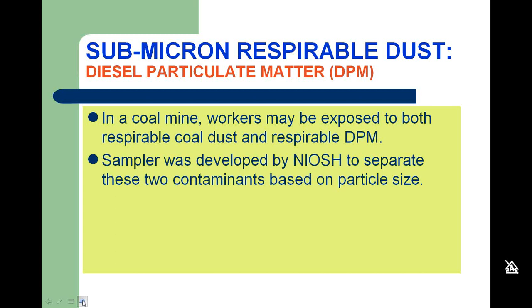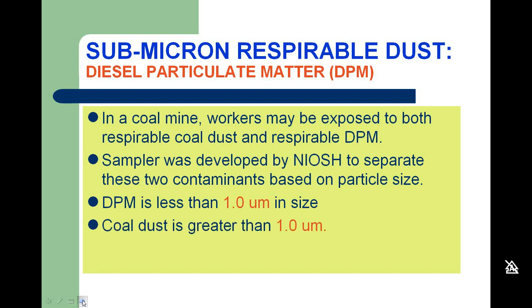So a sampler was developed by the NIOSH Mining Division to separate these two types of respirable dust based on the simple principle of particle size. Diesel particulates are less than 1 micron, and coal dust is greater than 1 micron.